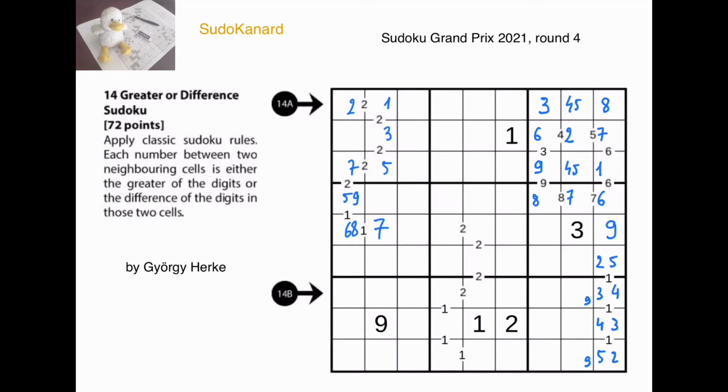Perhaps I should first see that 6 here is in one of those cells. Not sure it will be so helpful. Is there any easy deduction? I really don't think so.